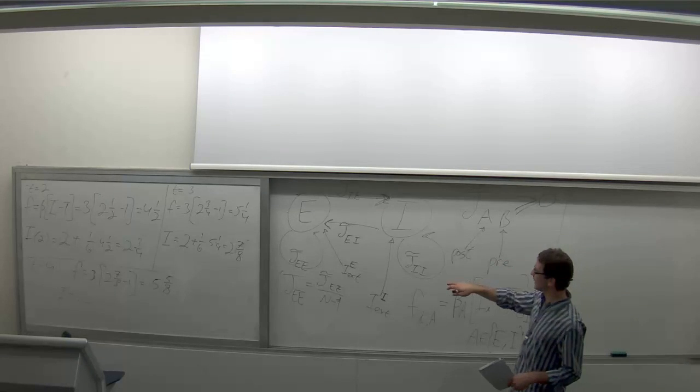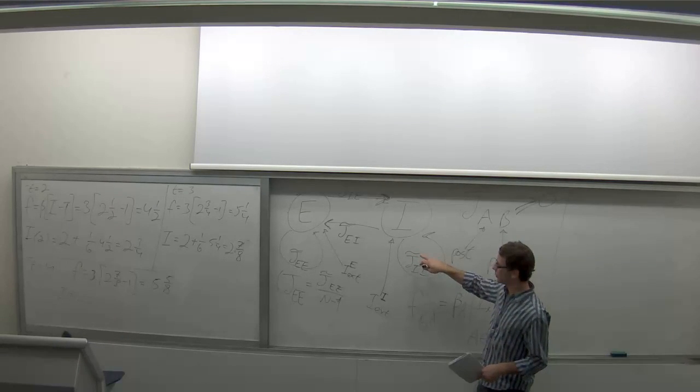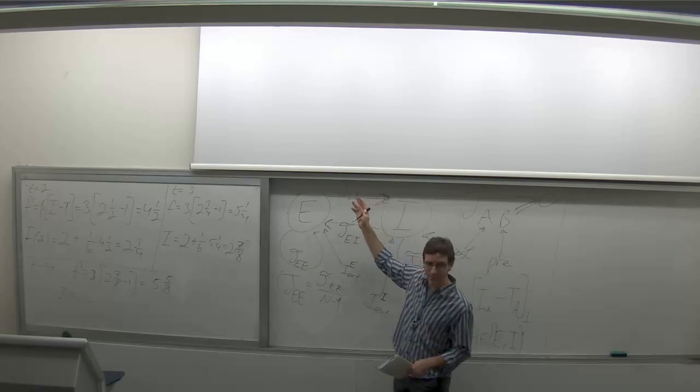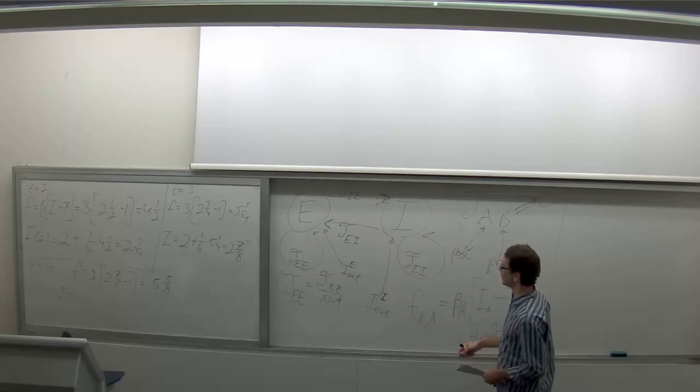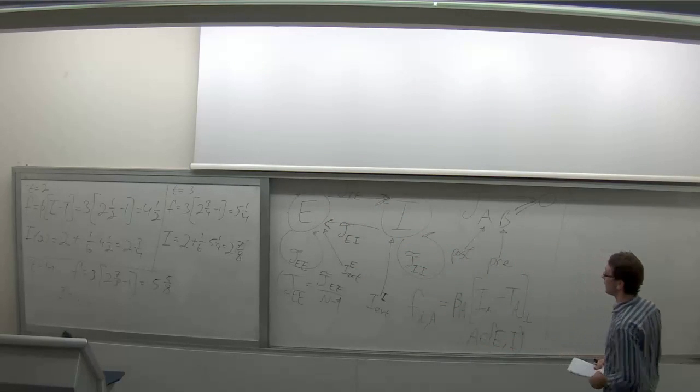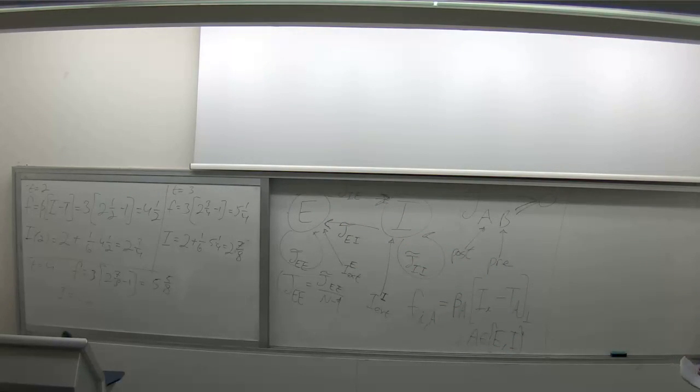There are some little details here. The J's should be normalized by n-1, but this should be normalized by n because it's all to all. And you can have different numbers, NE and NI, but it doesn't matter what the number of neurons is because everything is normalized.